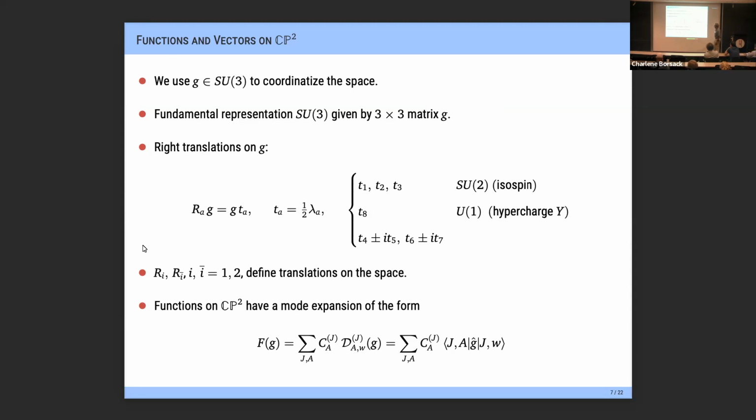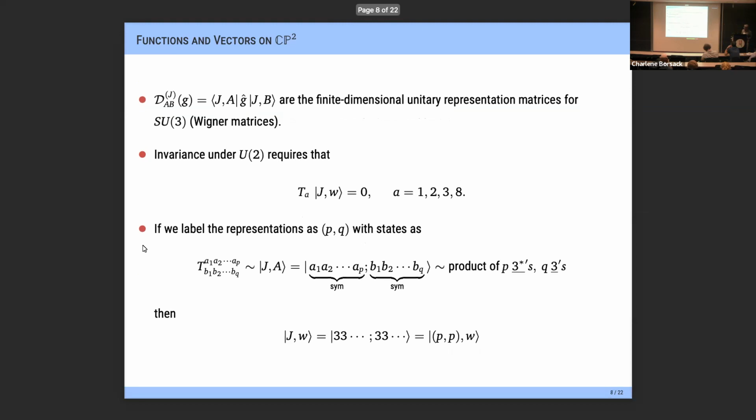What we need to ensure here is that right translations on G, if I look at T1, T2, T3, and T8, which correspond to the U2 I'm quotienting out, leave this state on the right invariant. That invariance will guarantee these are functions on the space. So functions admit a mode decomposition like so.